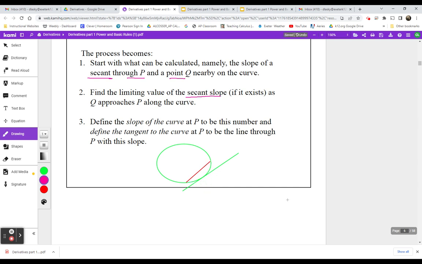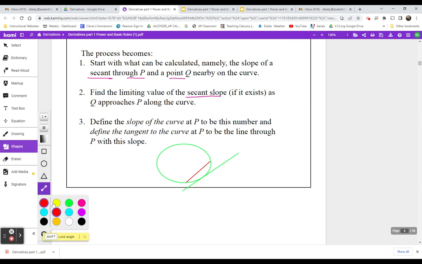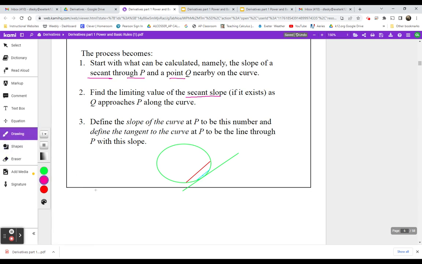Now, what happens if we start with that triangle, but that triangle repeatedly gets smaller? And all of a sudden, now I got a smaller triangle. And then I do it again and I get a smaller triangle and then a smaller triangle. And then all of a sudden, that triangle is at that exact point that we need.